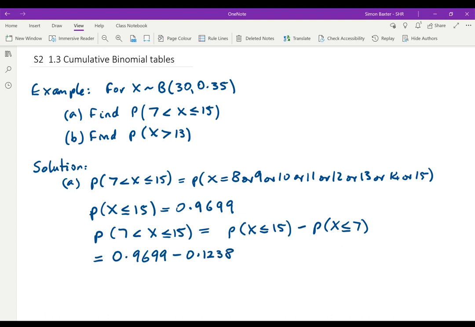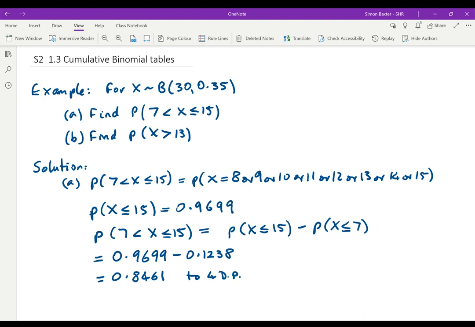Subtracting the two of them, we get 0.8461, and we give that answer to 4 decimal places because this is an answer which comes from using the tables. We are expected to give all figures if using the tables.